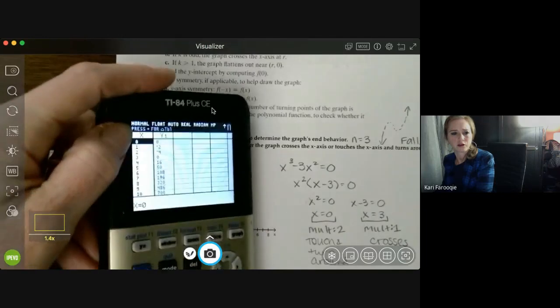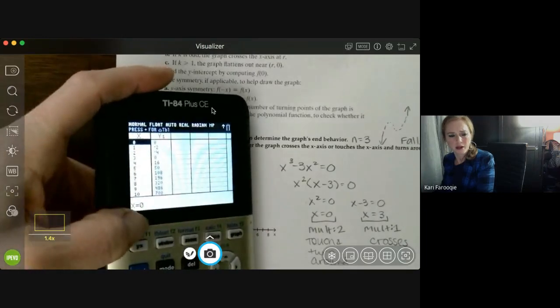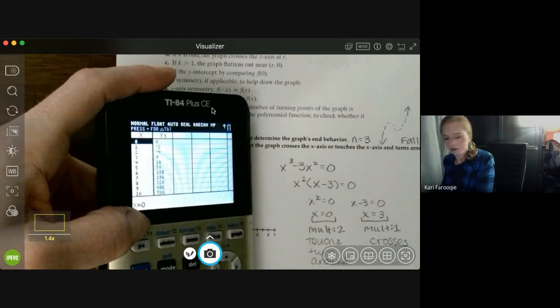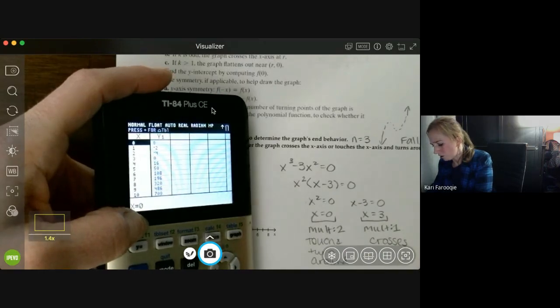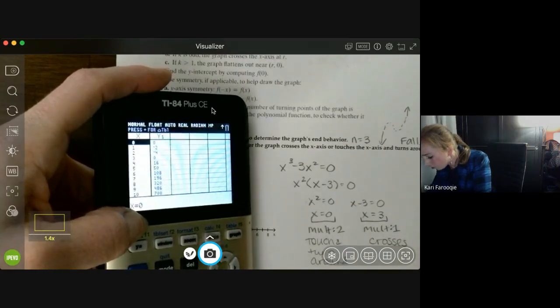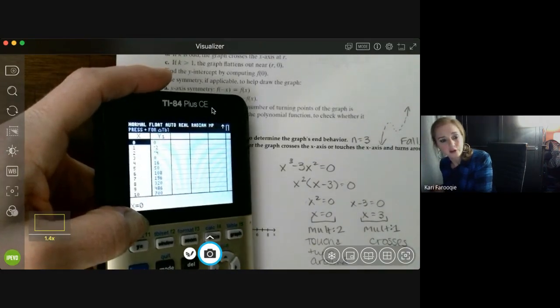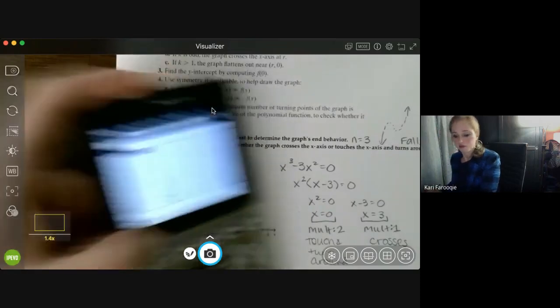Doesn't help much. Okay. I know that when x equals 1, y is -2. So from my table, I have the point 1, -2. I also have the point 2, -4. That's good. Plot those points on your graph.